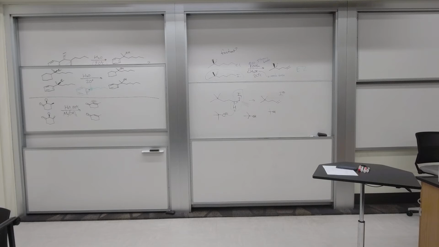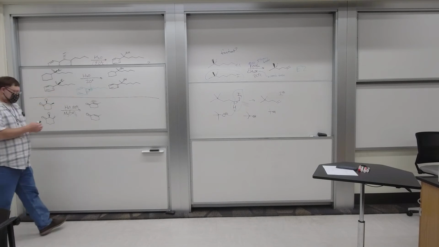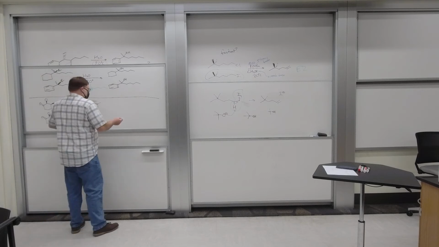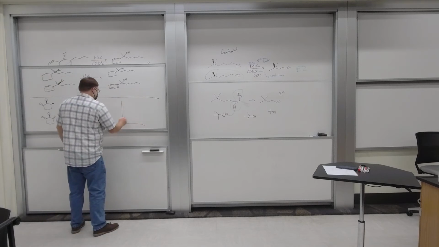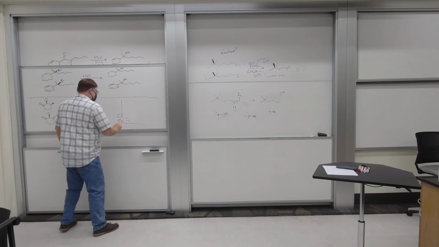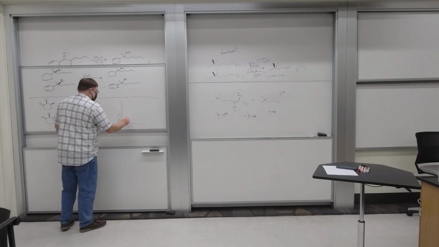But the difference in stability between these two is a lot smaller than the difference in stability between the cations. Right? So as we look at, right, we sort of start there.